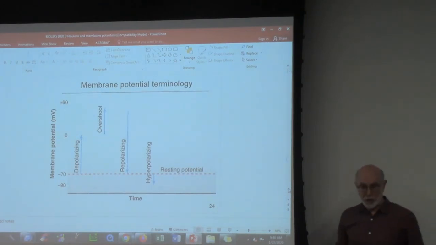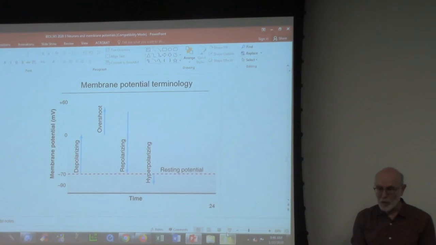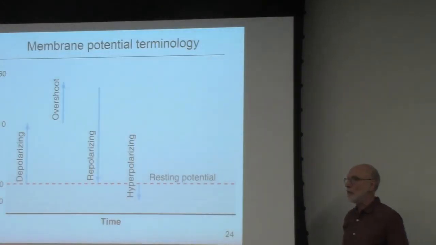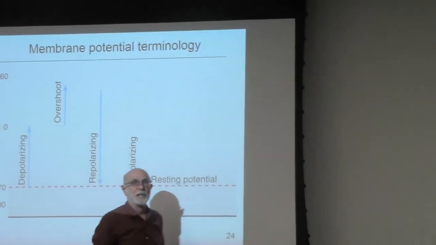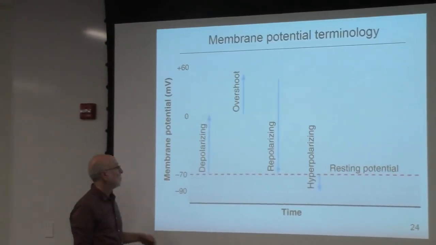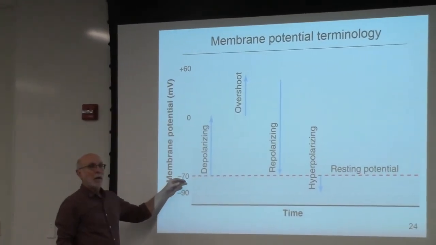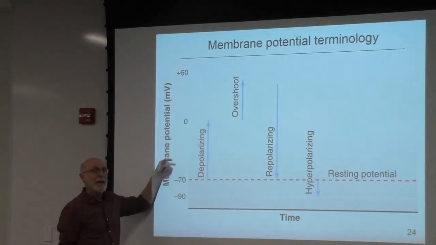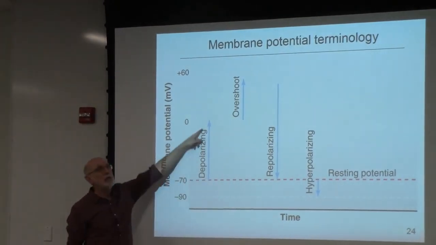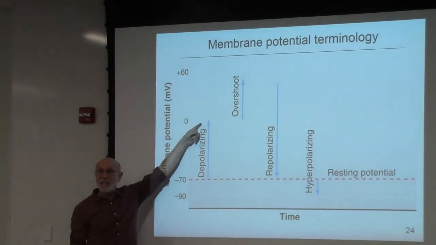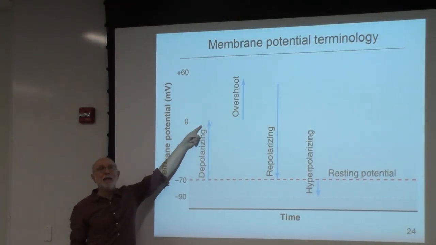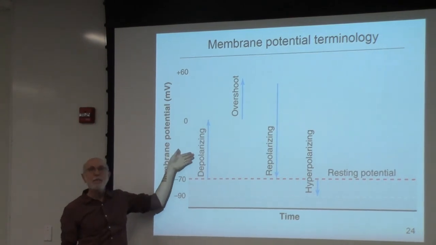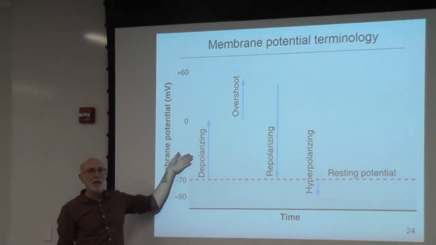I do want to introduce the terminology that I want you to become fluent in. This is membrane potential. If the membrane potential goes positive or less negative, we call that a depolarization, or a depolarizing change of the membrane potential.